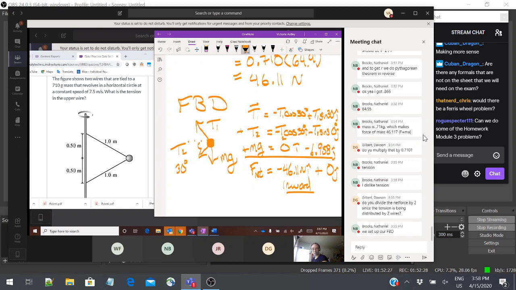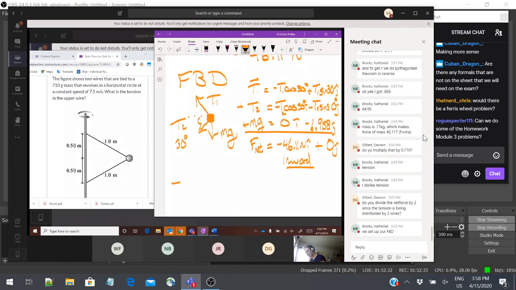Okay. Hopefully all this looks familiar. I pull out two equations: negative T1 cosine 30 minus T2 cosine 30 equals negative 46.11 newtons.